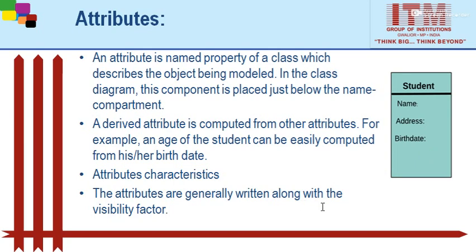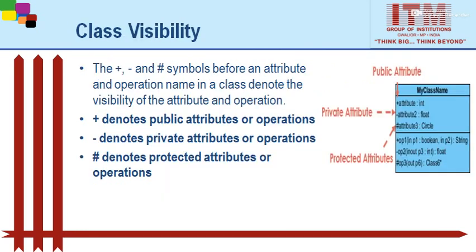Attributes are generally written along with the visibility factor. Visibility factor we will discuss in my next upcoming slides. So, what is the meaning of this visibility factor? We can make attributes visible in the following ways. In classes, and especially in object-oriented programming, object-orientation gave us the facility of visibility of attributes.